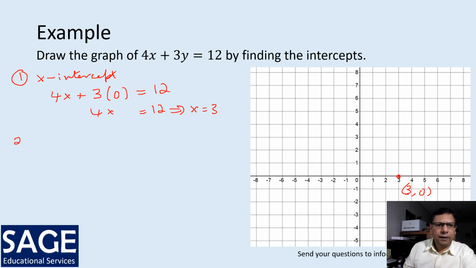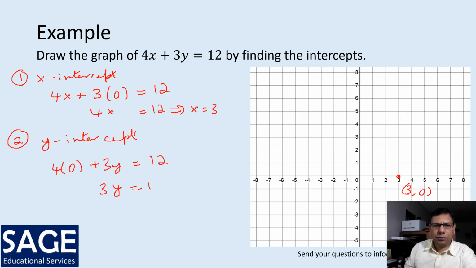Then the second thing I need to do is find the y-intercept, and in order to find the y-intercept, I will make x is equal to 0. When I solve that, I get 3y is equal to 12, which will then give me y is equal to 4. So the point 0, 4, with the x coordinate always first and then the y coordinate, is the y-intercept.